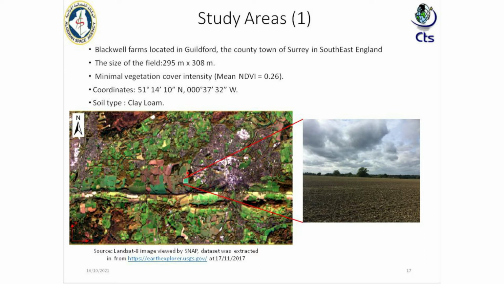It's a relatively small field, and it has a clay loam, which is famed for its water retention capabilities. At the time, it had minimal vegetation cover, and it was recently plowed, so surface roughness was quite high.